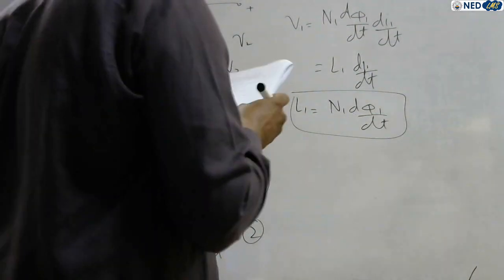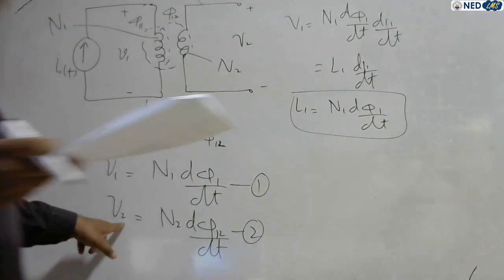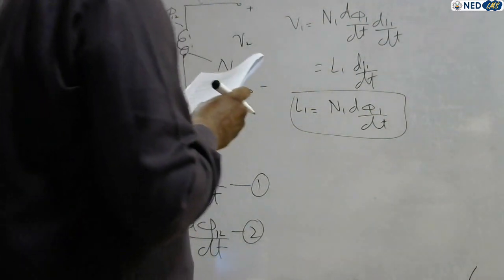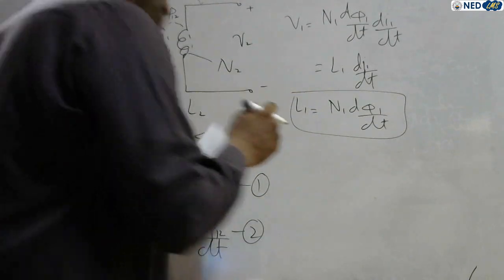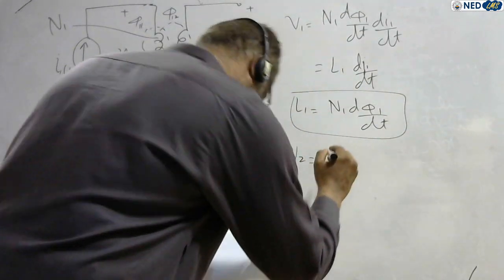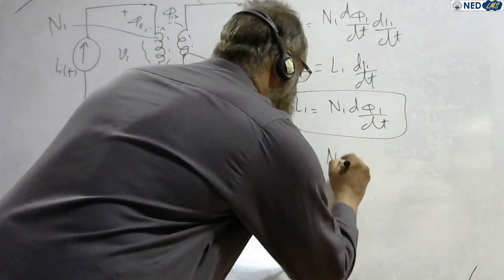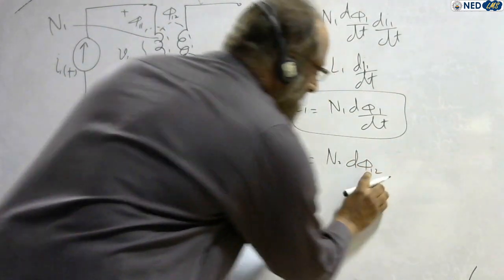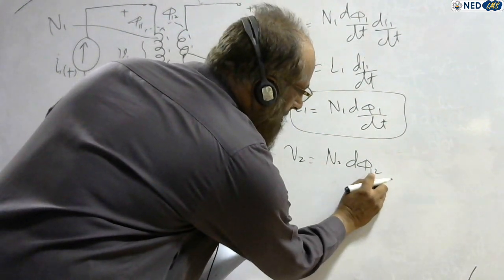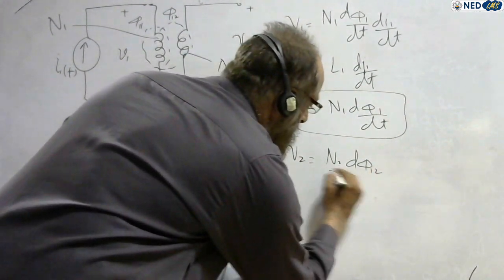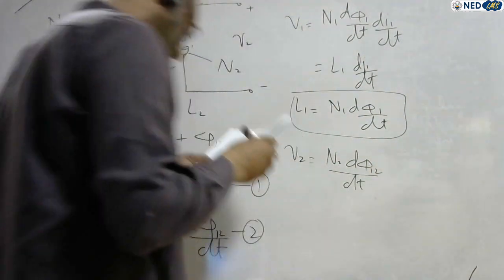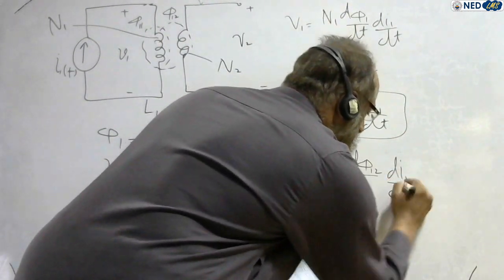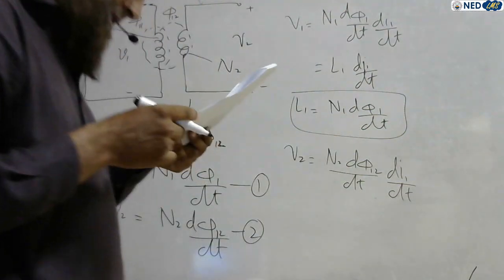Similarly, you consider equation 2, that is this one is equation 2, this one equation 1 named. So consider equation 2, V2 is equals to nothing but N2 times d phi 1 2, mutual inductance on coil 2 due to coil 1, 1 2, right, over dt, and this mutual because of rate of change of current in primary coil, that is di1 by dt.